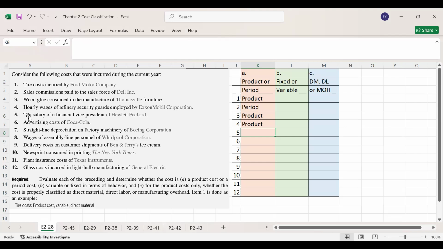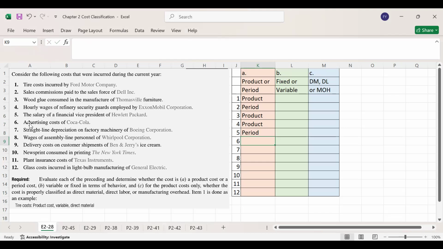Now you can see the salary of a financial VP of Hewlett Packard. Here the salary is not directly associated with the production of a product or service. These are general or overall costs. So this can be classified as period cost.